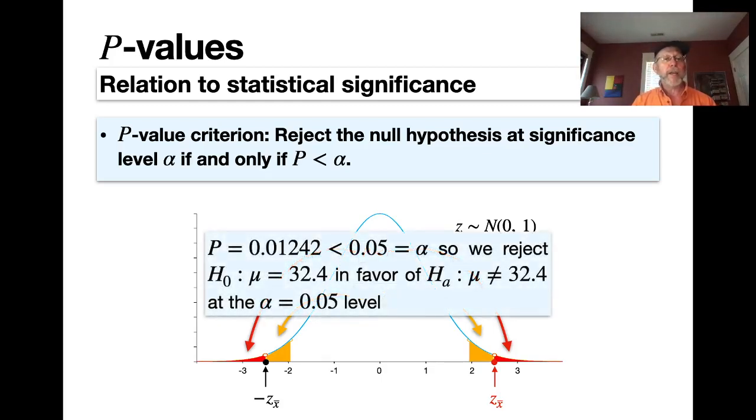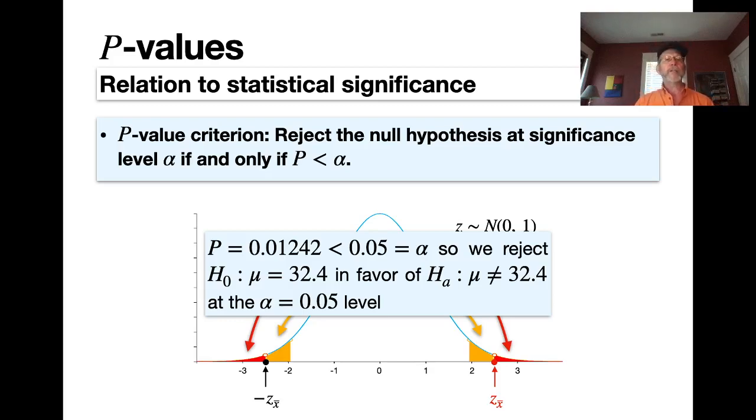For our particular example here with the chocolate coated sugar bombs, our p-value was 0.01242, and that is indeed less than our alpha value, which was 0.05. So we would reject the null hypothesis that the mean is 32.4 in favor of the alternative that the mean is different than 32.4 at the alpha equal 5% level.